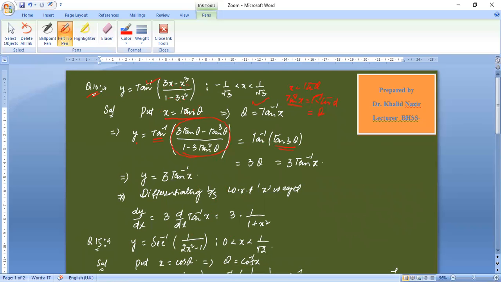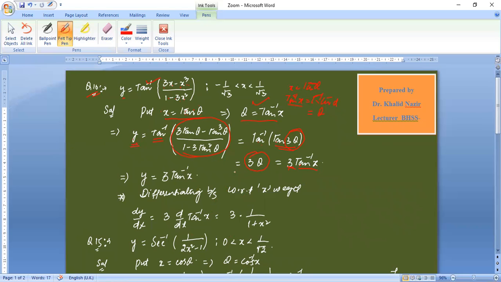Now tan and tan inverse are inverse functions, so remaining would be only 3 theta, and theta is tan inverse of x. So we have simplified the whole thing to y equal to 3 tan inverse of x.